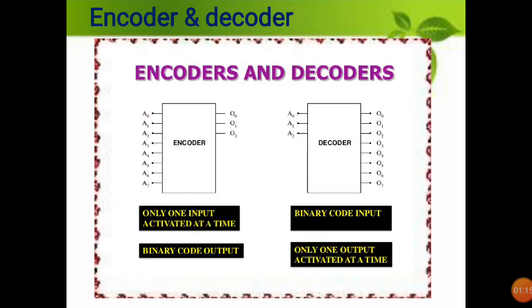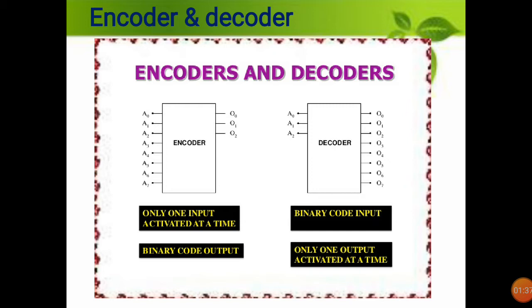Now see the two block diagrams, one for the encoder and another for the decoder. In the first one, 8 inputs are there. So if 8 inputs, it means 2 to the power n, it means 2 to the power 3.